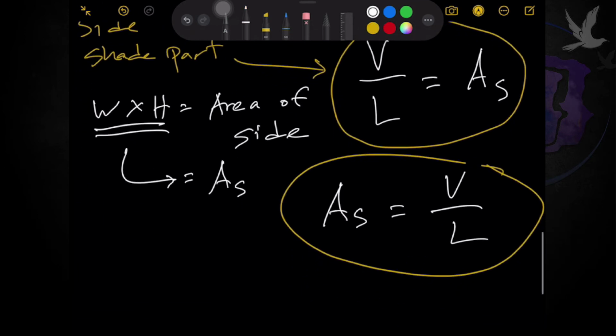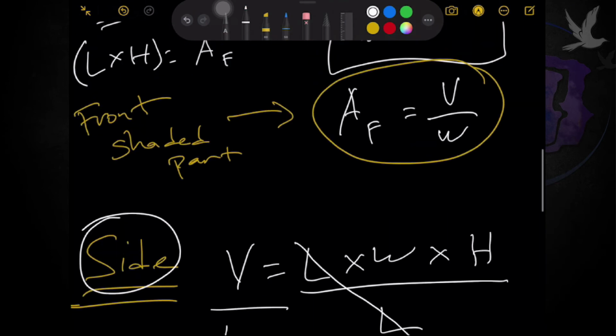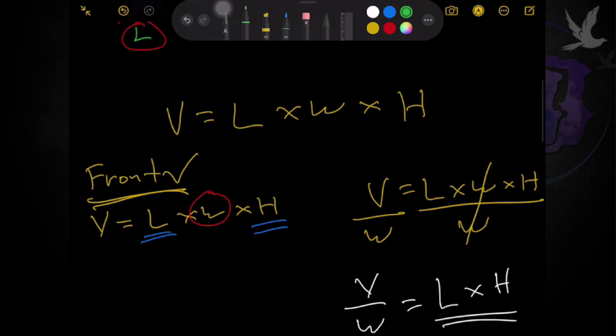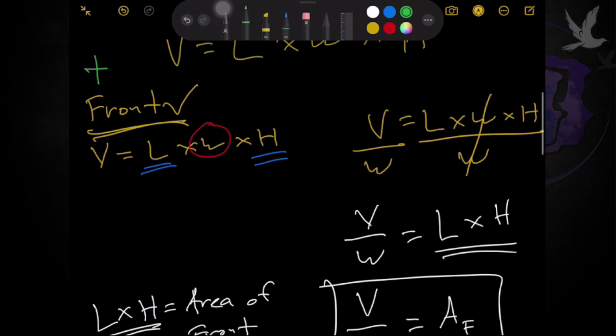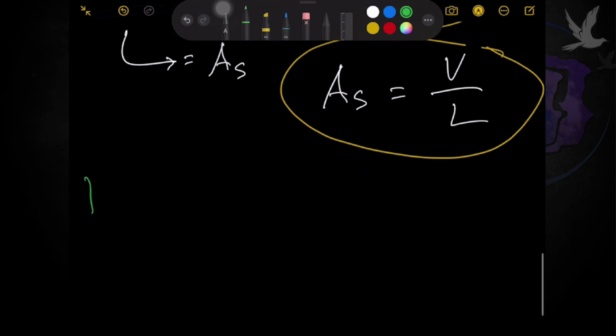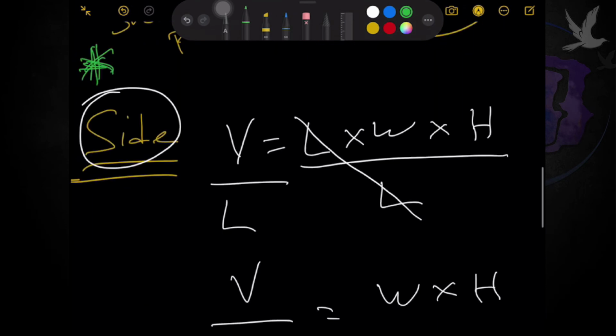Ngayon naman is yung top. Solving for the top naman tayo. Let me just mark this. This marks different formulas. Okay, so meron tayo niyan.